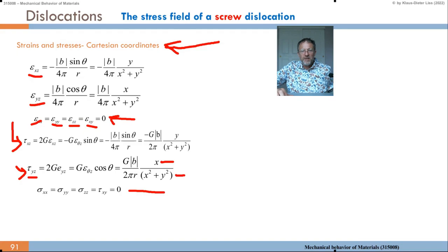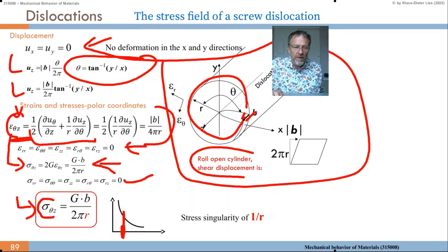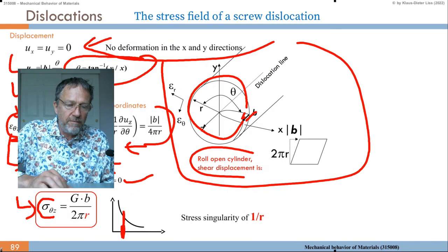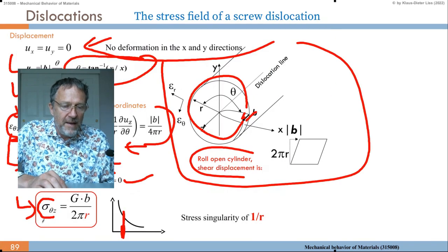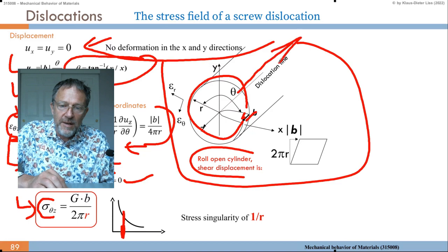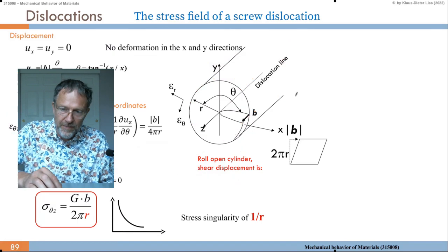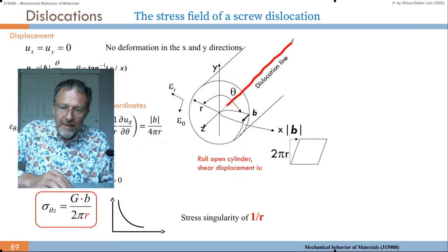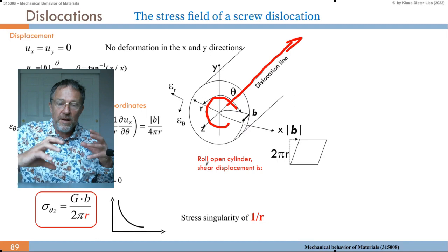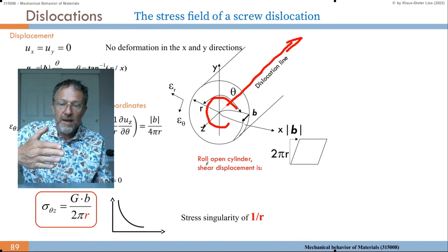One interesting feature is, if we look into the formula, we have only a shear stress in sigma zz. That means as we go along the z-axis here, we get a shear. And that shear gives you a torque as you go along.